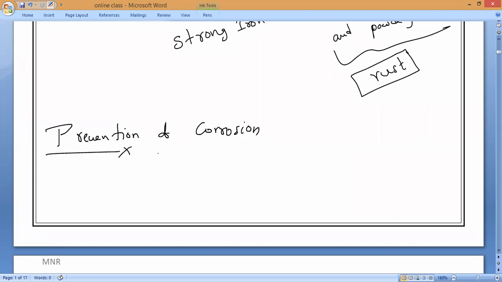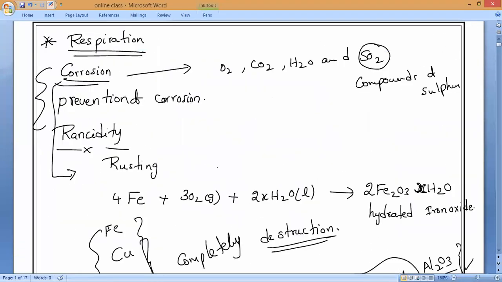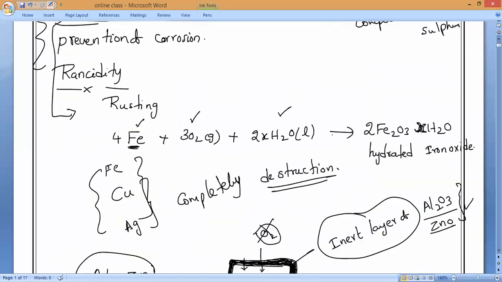As I taught you, what are the required conditions for corrosion of iron? Oxygen and water, as well as carbon dioxide. If we take copper, what are the required conditions? Carbon dioxide, oxygen and water. If we take silver? Hydrogen sulfide, a sulfur compound.